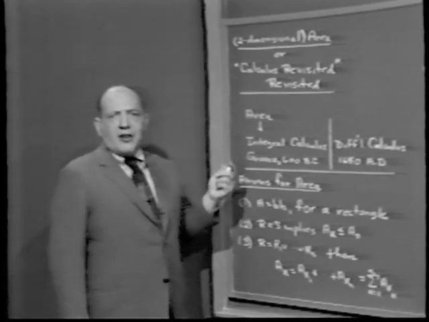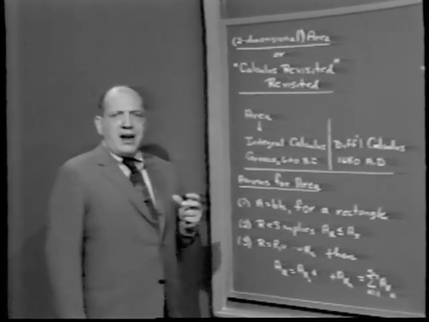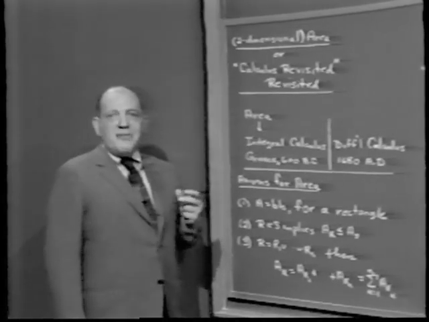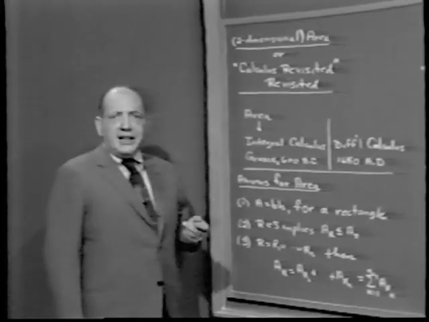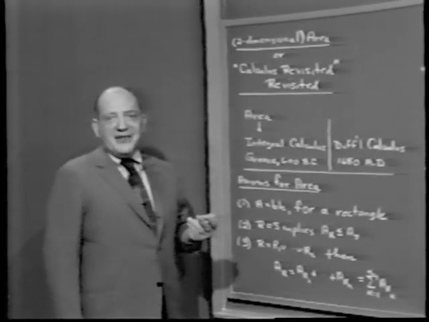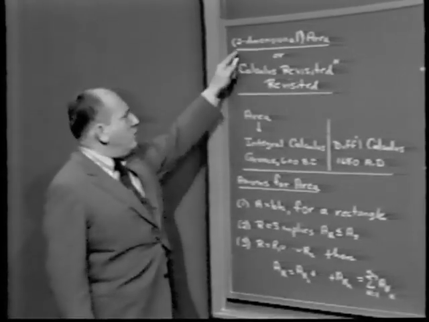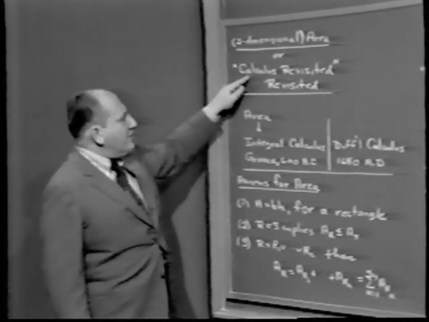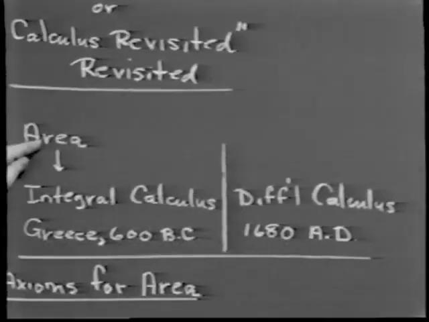In other words, this is how the subject began, with studying the amount of space in plane regions, two-dimensional area, as opposed to, say, as we'll talk about later, three-dimensional area, which is really a fancy word for volume, etc. But enough about that for the time being. Two-dimensional area, or calculus revisited. The study of area was the forerunner of integral calculus as we now know it.